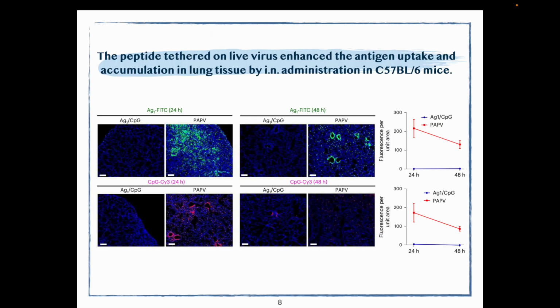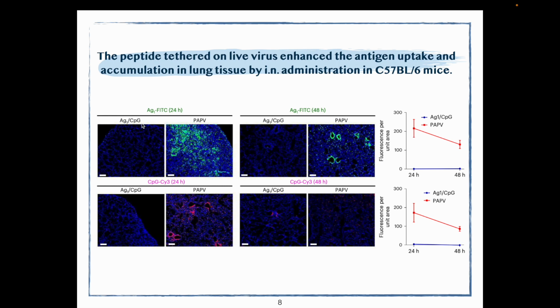Next, they investigate the capacity of PAPV in facilitating tissue distribution and uptake. The AG1 and CpG are labeled with FITC and Cy3 fluorescent dyes respectively. Free AG1, CpG, or PAPV is administered intranasally into mice and circulated for 24 hours and 48 hours.